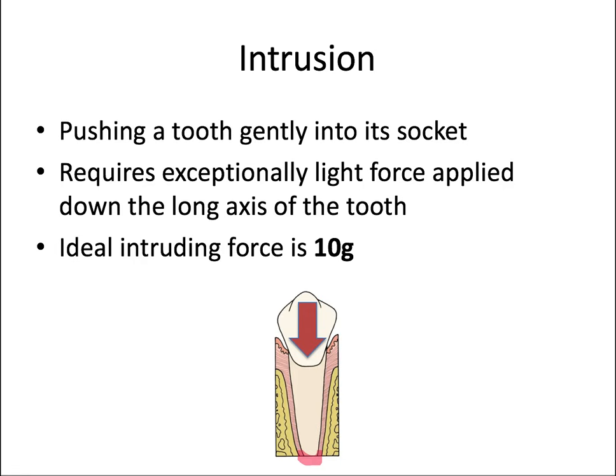So for each of these types of movements, again, there's an optimal force experienced by the PDL depending on how much area of that PDL is being compressed at a given time. And notice that all of these numbers are 100 grams or less.